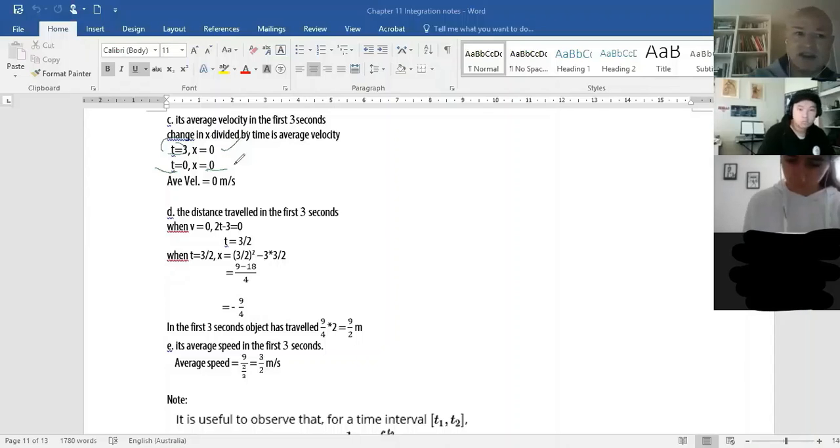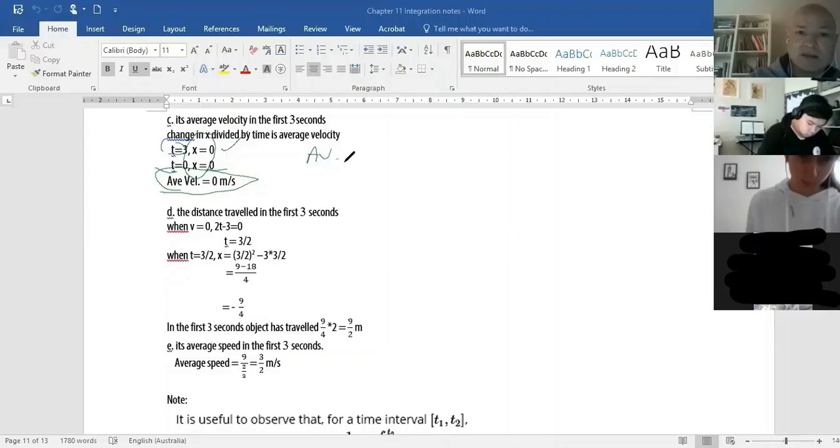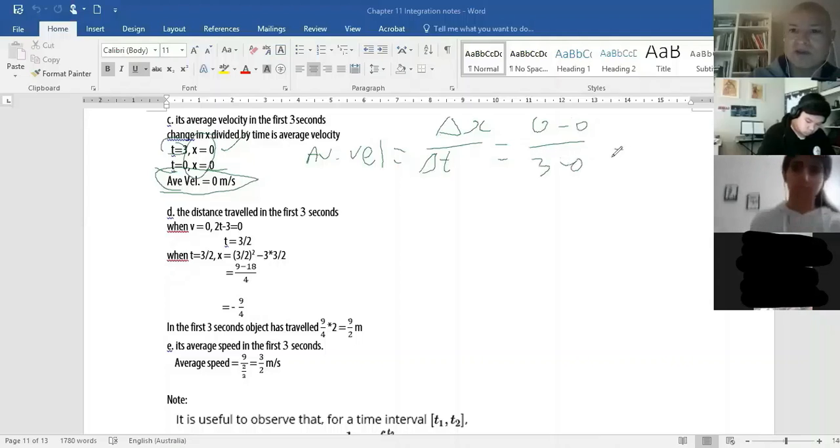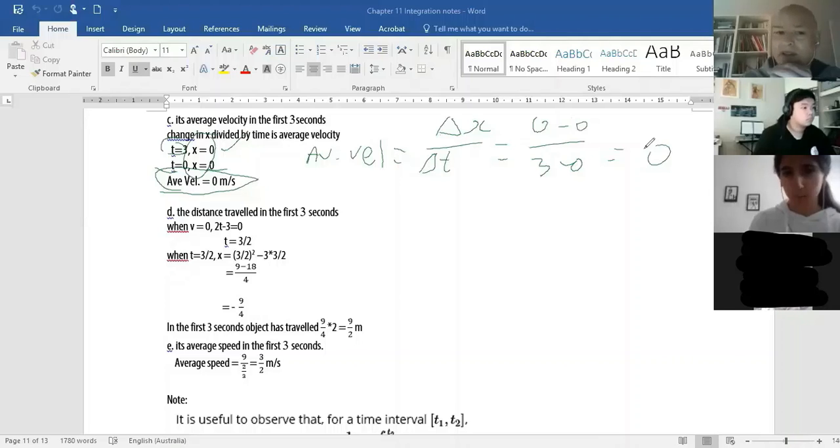Change in x, 0 minus 0 is still 0. 0 divided by anything is still going to be 0. So the average velocity is 0. Change in time, 0 minus 0 divided by 3 minus 0 is still 0. Any questions on that one?